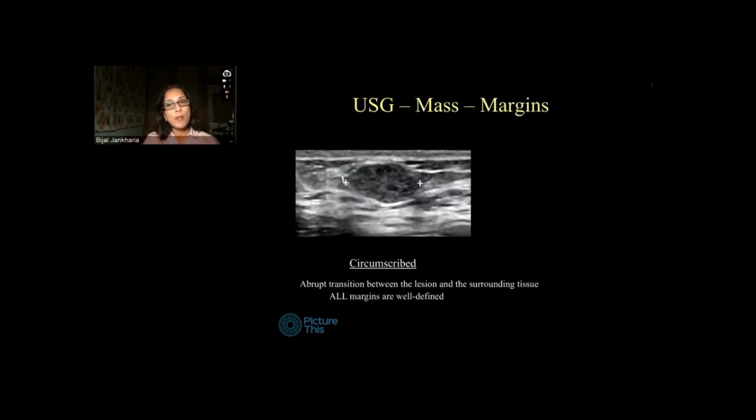Then we go on to margins description, and when we talk about margins as being circumscribed, that means we have to see to it that all the margins are well defined with an abrupt interface between the lesion and the surrounding tissue. Then only are we going to talk about it as being circumscribed.